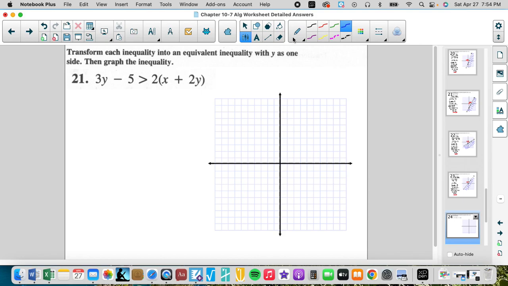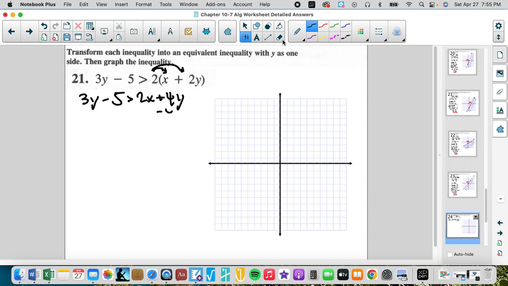Holy moly. All right, let's simplify. I've got to get rid of Chewbacca here. In order to get rid of Chewbacca, I either need to divide by 2, but who wants to deal with those, or we can distribute. So you get 3y minus 5 is greater than 2x plus 4y. Let's move the y's to the same side.